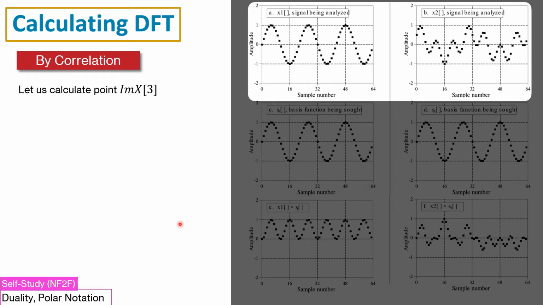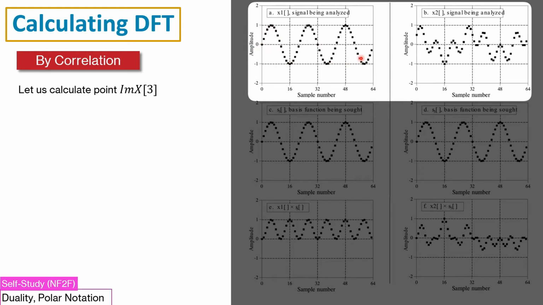Let us consider these two example signals. One is called x1, written here in the legend, and the other one is x2. Both look similar in a way, in that both are sinusoids. This one is a sine wave, as you can guess. It is starting from 0.